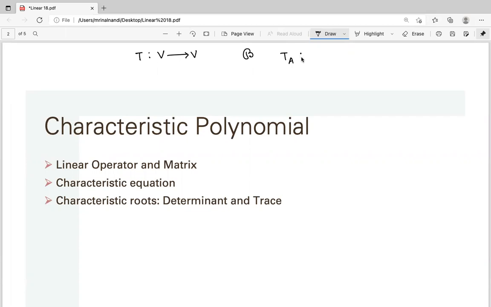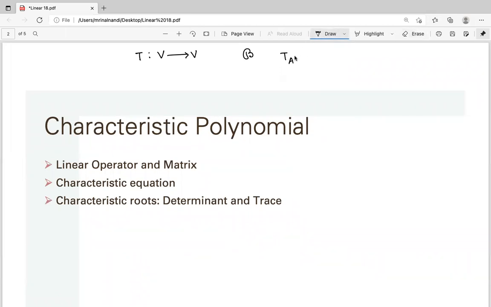So under that basis, if you take T as the linear transformation from V to V and A as its corresponding matrix, how do you define that?